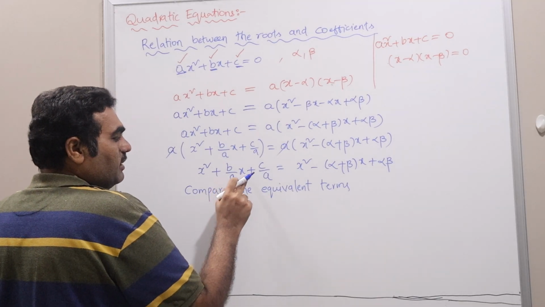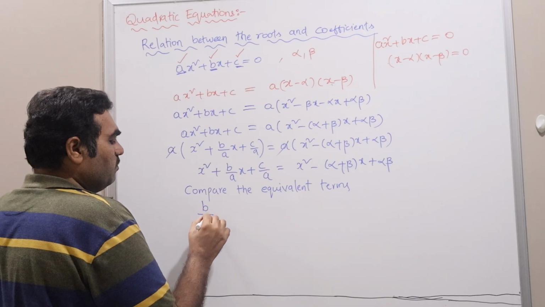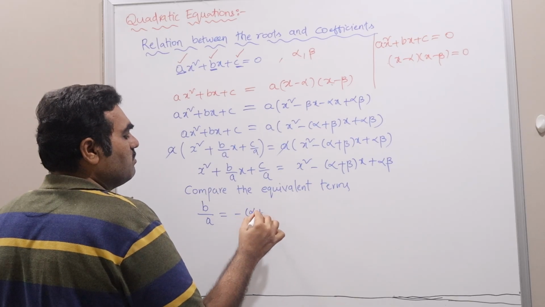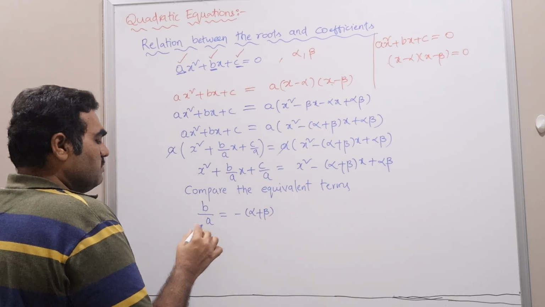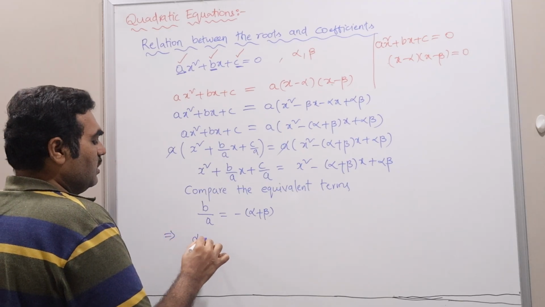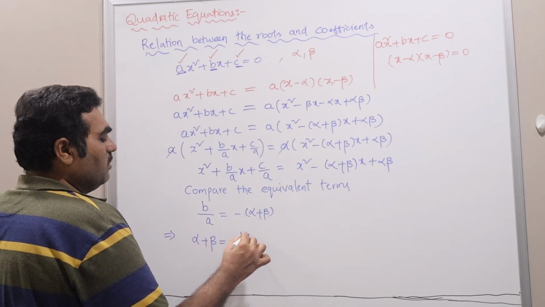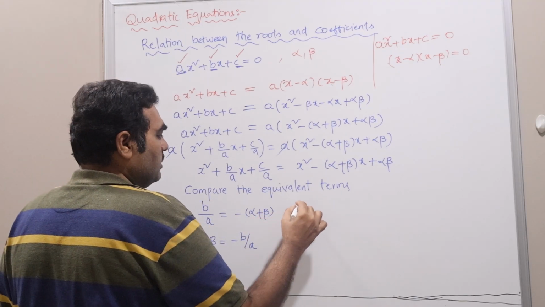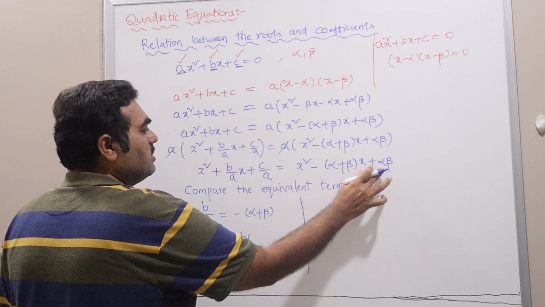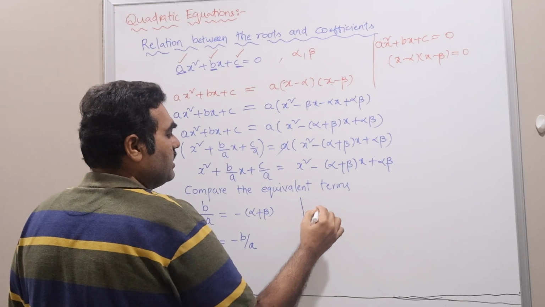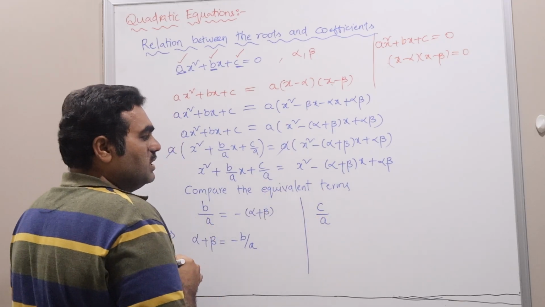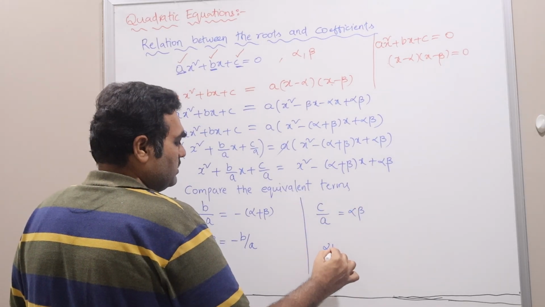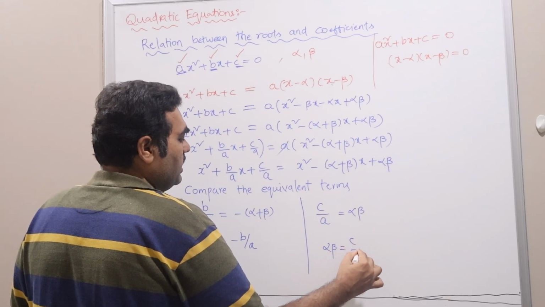Here the x coefficient is b by a, whereas here the x coefficient is minus alpha plus beta, which implies that alpha plus beta is equal to minus b by a. Similarly, if you compare the constant terms, c by a is equal to alpha beta. So I can rewrite this: alpha beta is equal to c by a.